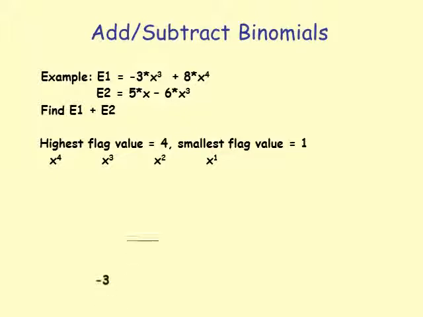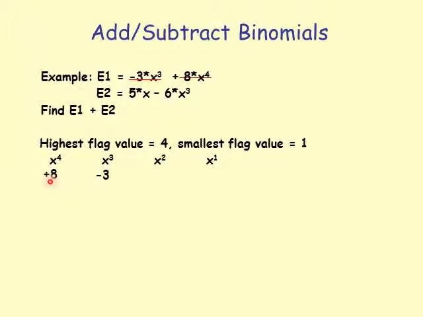Let's continue here. So first thing is minus 3x cubed. This is the first monomial I run into. So under x cubed, minus 3 is the coefficient, x cubed is the variable part, and 3 is the flag value. Next one is plus 8 times x fourth.